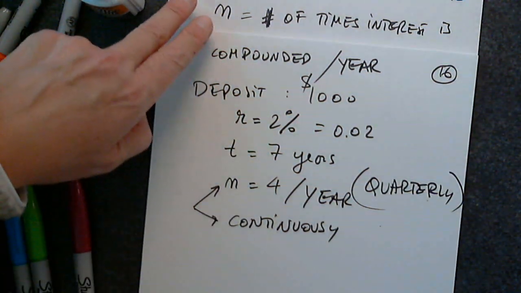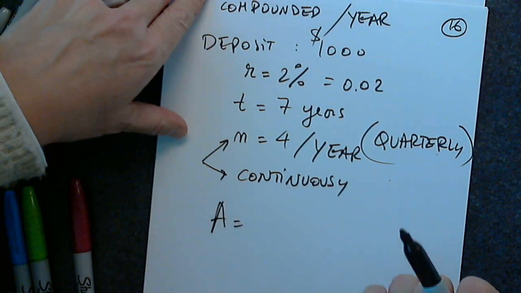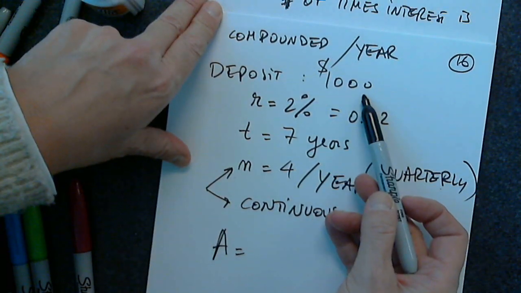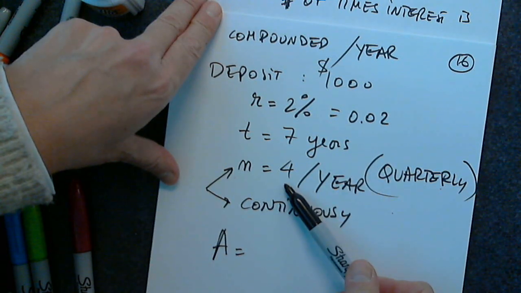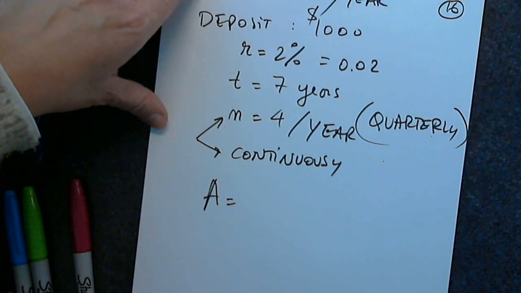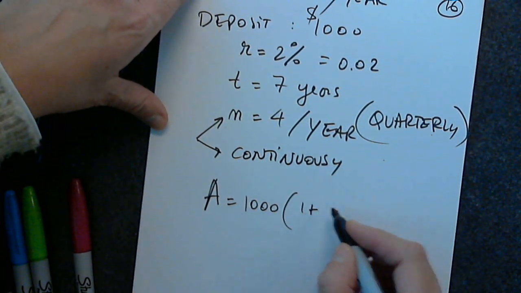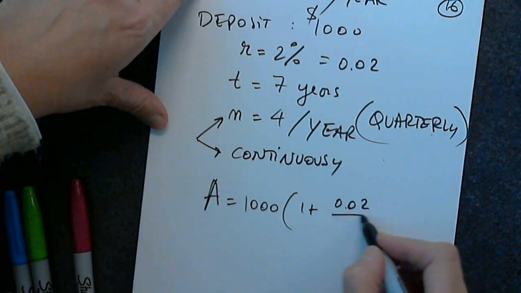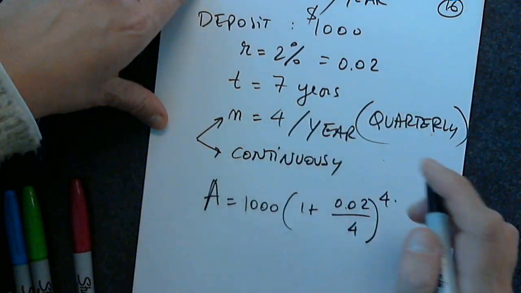Perfect. So then the deposit principal. So we want to know if we deposit $1,000 today at 2%, 7 years later, if the interest is compounded 4 times a year, what do we get at the end of those 7 years? So 1,000, 1 plus the interest rate 0.02, 4 times a year, raised to 4 multiplied by 7 years. One more time.